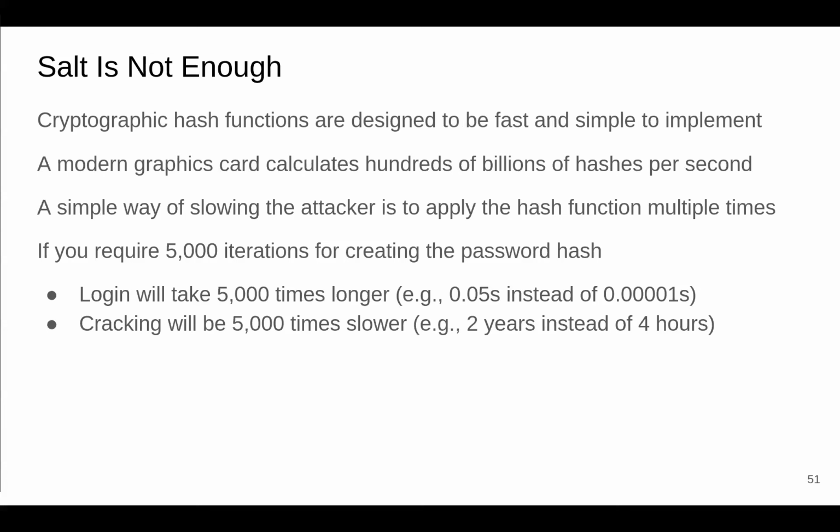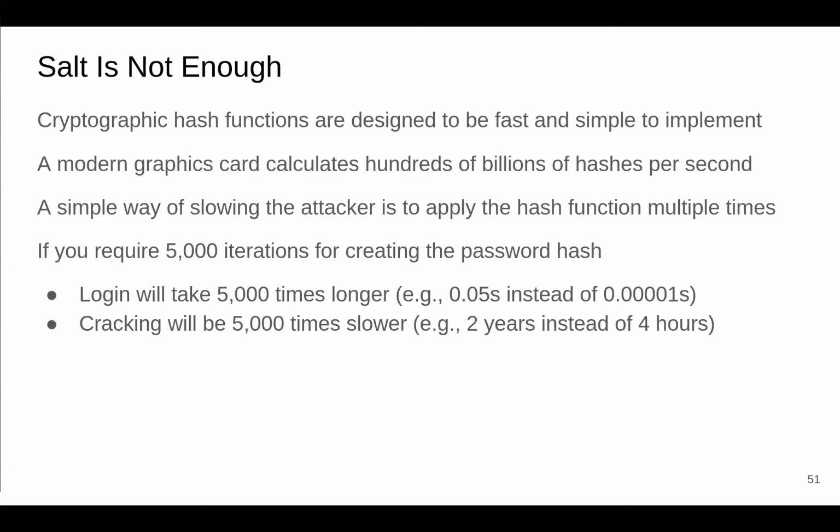Cryptographic hash functions are designed to be fast and simple to implement. Simple to implement is good because it allows us to verify their correctness. But also, modern graphic cards calculate, for example, hundreds of billions of hashes per second. So hashes have become fairly, or should I say, attackable using massive compute available in GPUs.